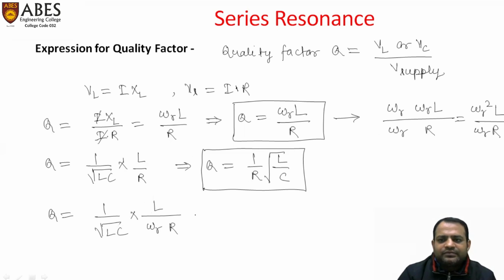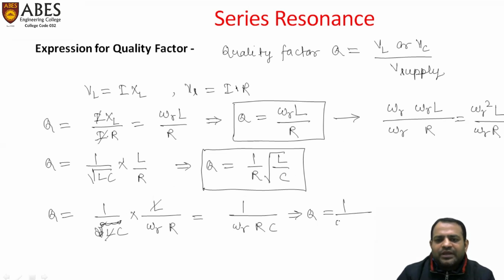Here the square is not needed, because we are taking omega R square. So L to L cancels out, giving 1 upon omega R RC. So this is another formula for Q, that is 1 upon omega R RC.